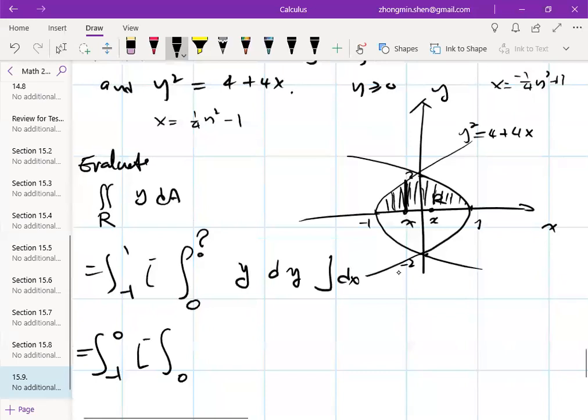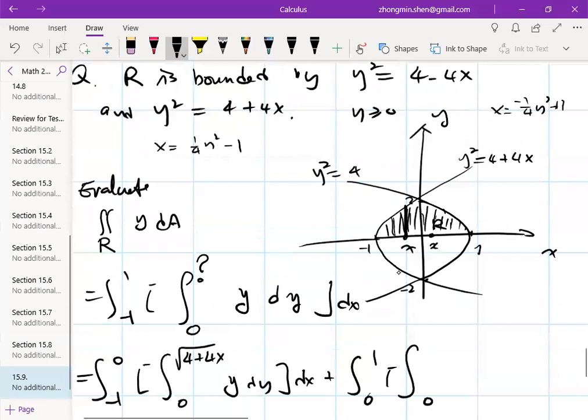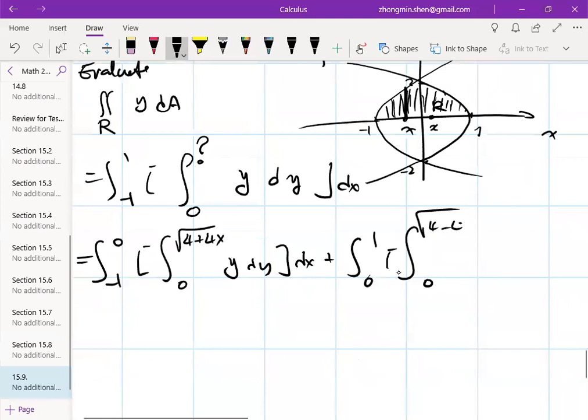So x is fixed, which is why it's the square root of 4 plus 4x, y dy. Then for x between 0 and 1, it's from 0 to the square root of the other curve, y squared equals 4 minus 4x, so the square root of 4 minus 4x, y dy dx.